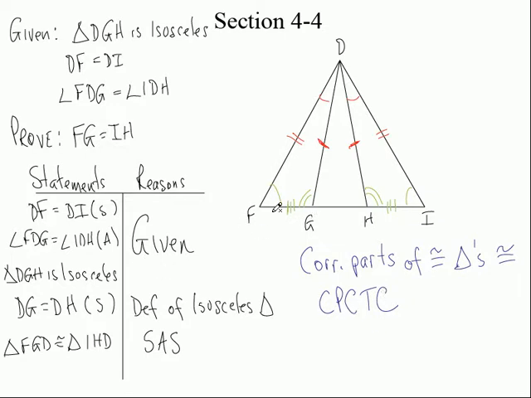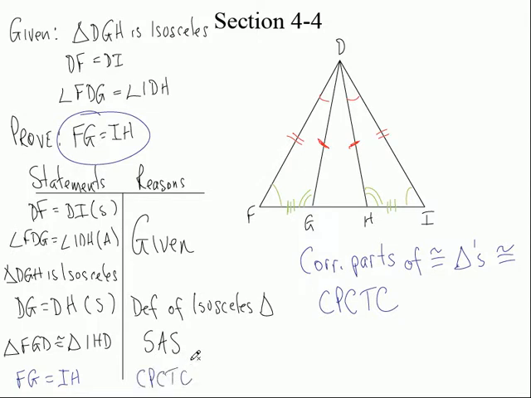So watch. If I wanted to prove that FG was equal to IH, I have to prove the triangles congruent first. Well, I've already done that, haven't I? Now I can say that FG equals IH. And what's my reason for that? CPCTC.